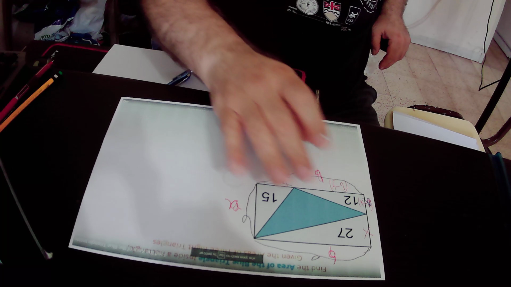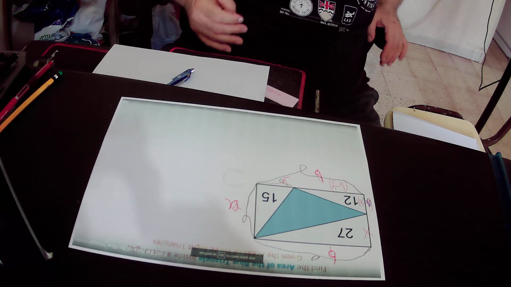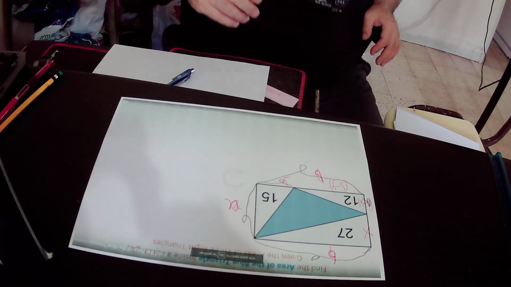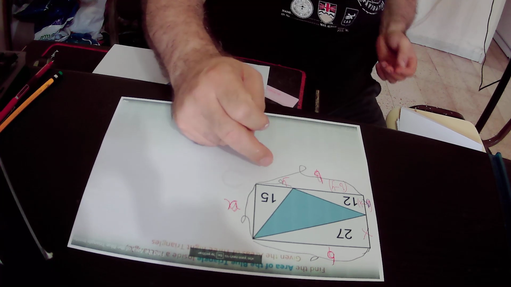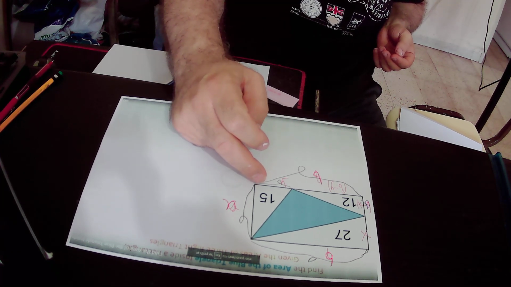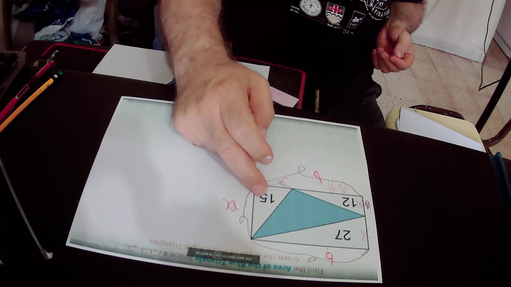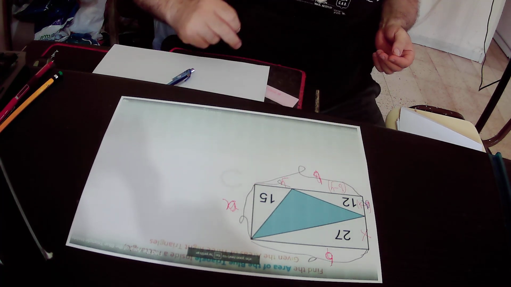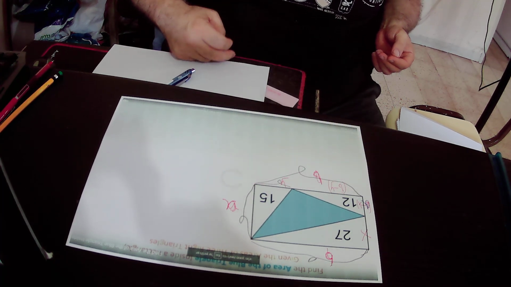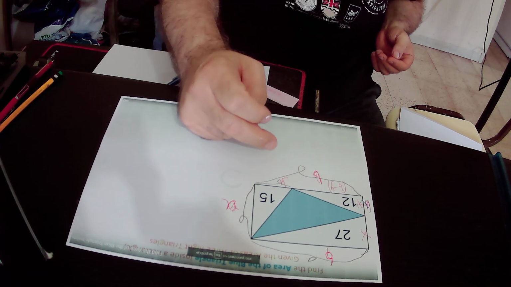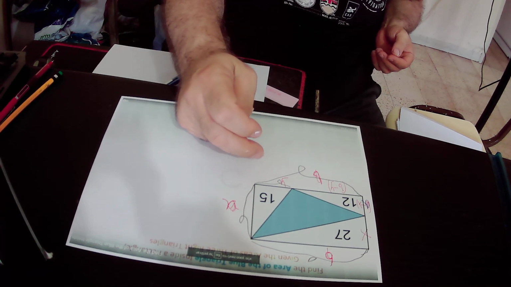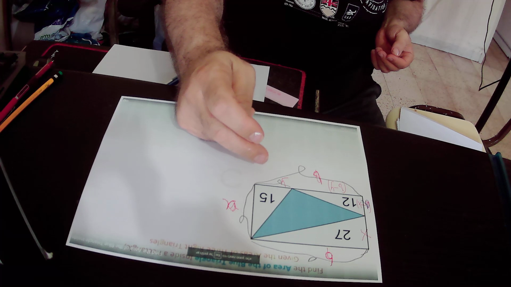So in order to find the value of A times B, we created three equations for the areas of the three right triangles. The area of a triangle is the base times the height divided by 2.